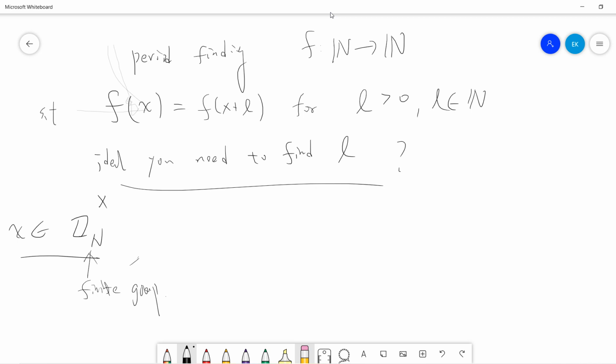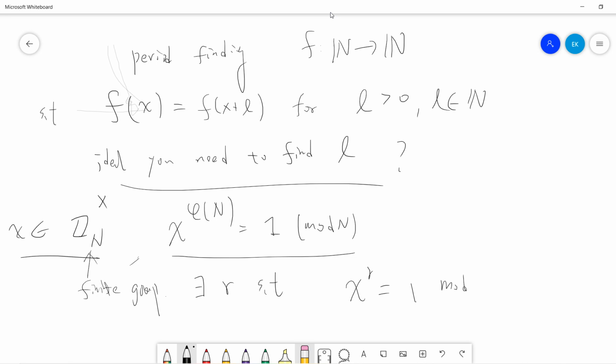We know from Euler's totient theorem, and if you don't know that, you can go to my video channel and check the proof, that x to the power phi(n) equals 1 mod n. So there always exists some r such that x^r equals 1 mod n, because eventually it will go to 1 mod n. So it has a period, some integer r such that x to the power r equals 1 mod n.